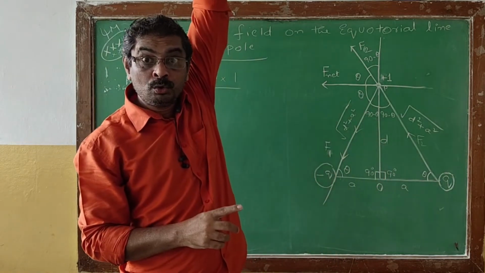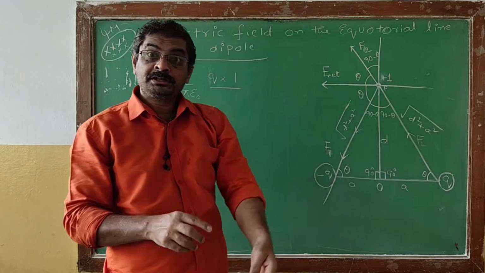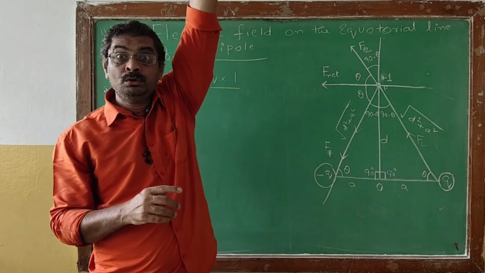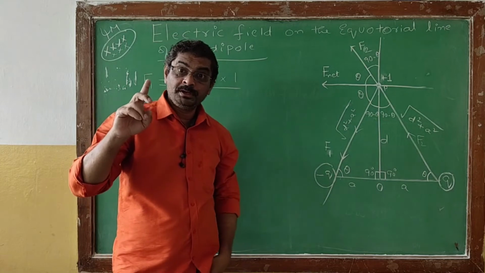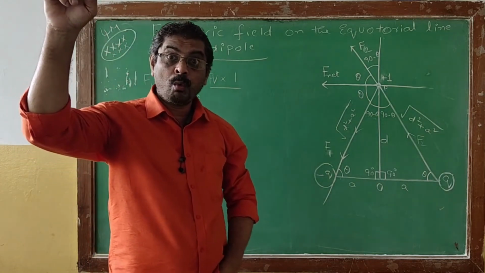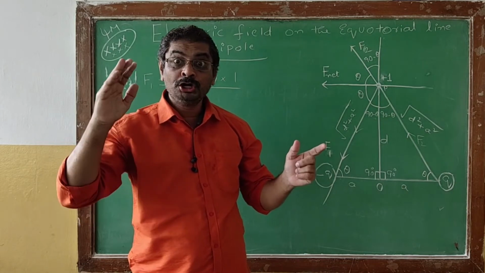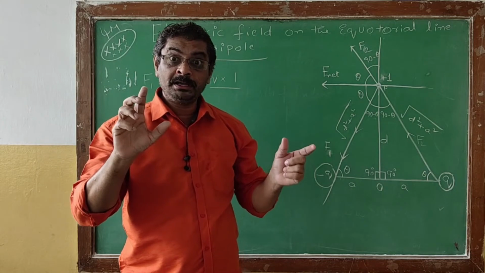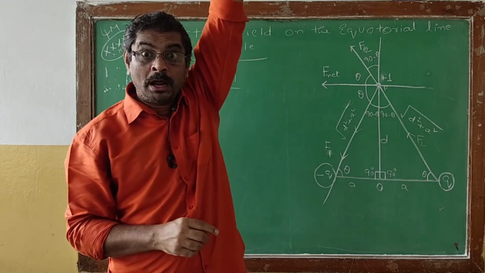So apply Coulomb's law. According to Coulomb's law, the magnitude of the electrostatic force will be given by 1 by 4 pi epsilon naught Q1 Q2 divided by d square. Now what will be Q1?